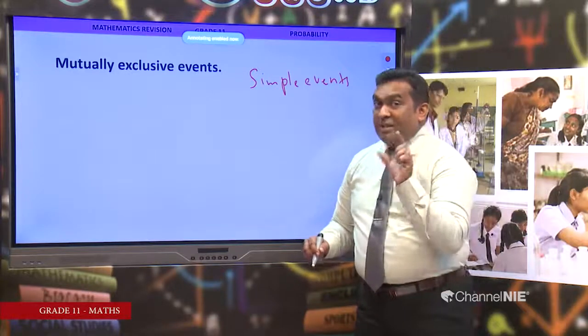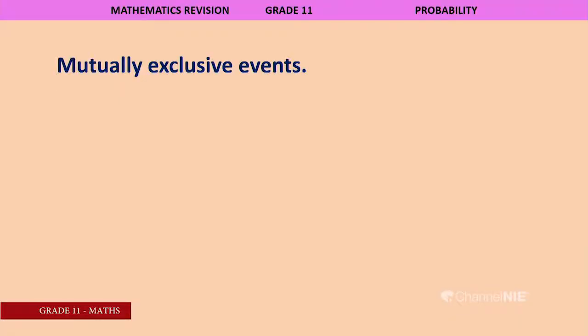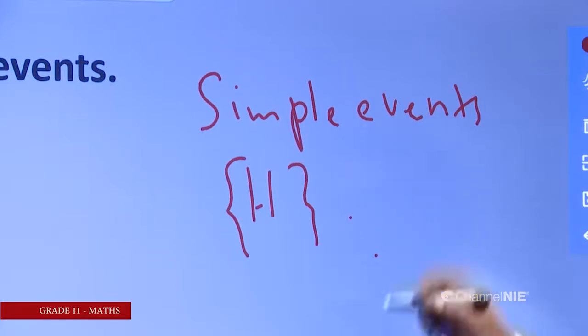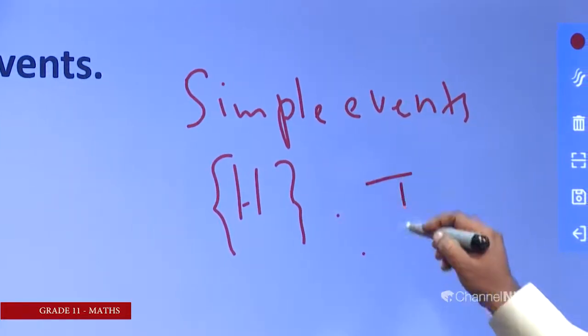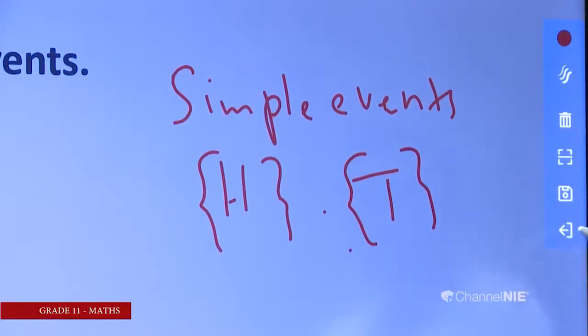Think about tossing a coin, getting a head. This is a simple event. Getting a tail is also a simple event.